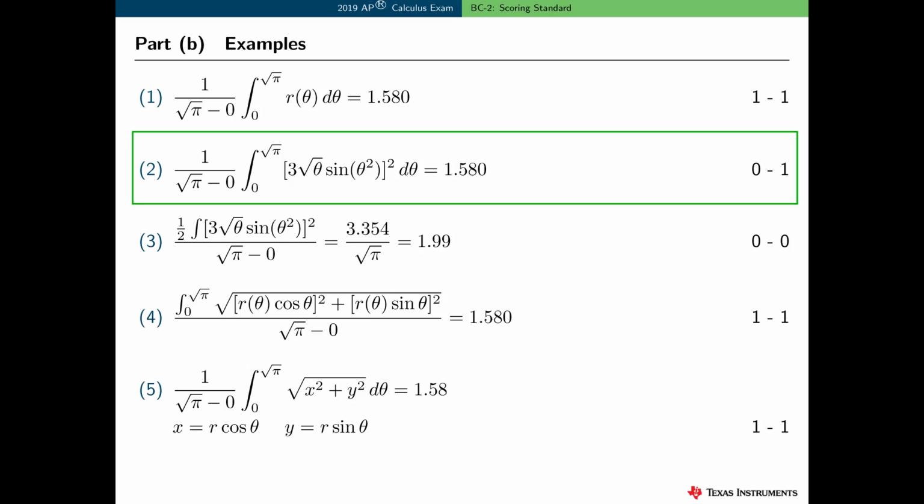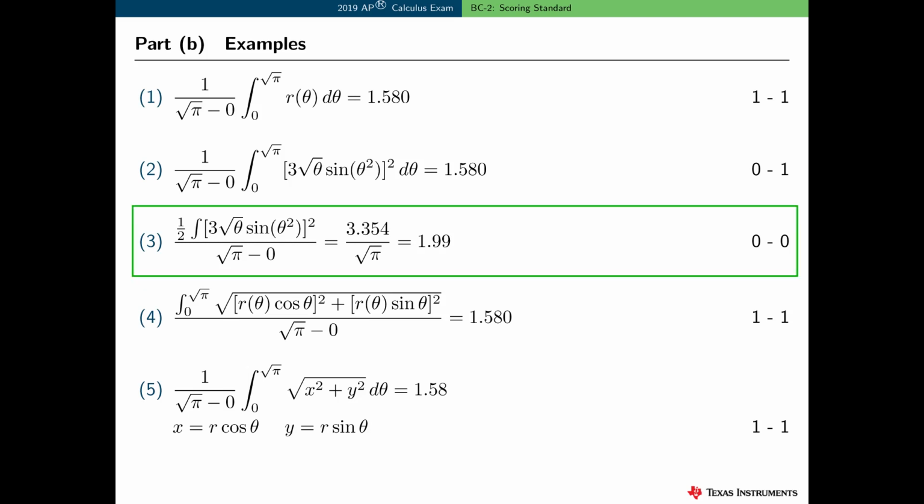So we'll interpret this similar to an example in Part A. This is a presentation error. The student does not earn the first point, but earns the second. In example 3, the integral is incorrect. Note that in addition to the incorrect integral, there are no bounds presented. There's an extra 1/2 and the answer is wrong. Yikes! This earns 0, 0.